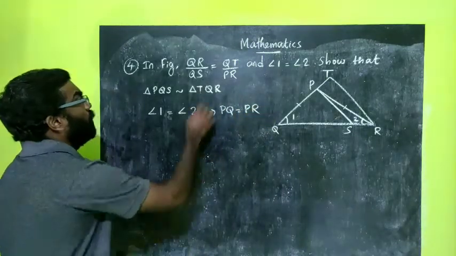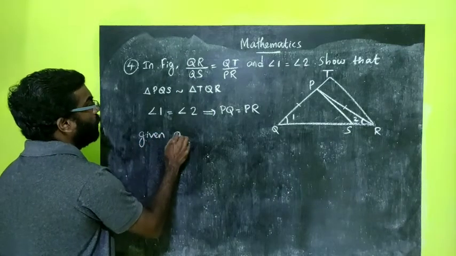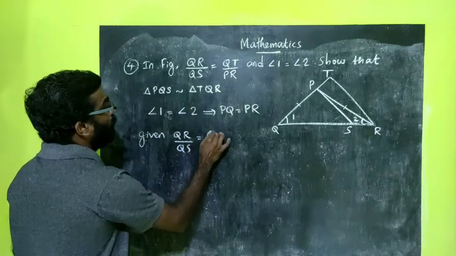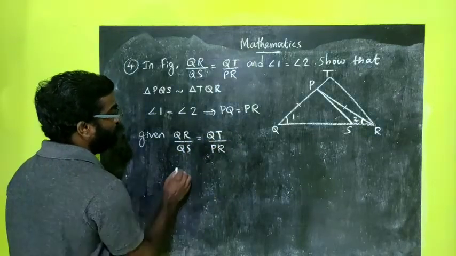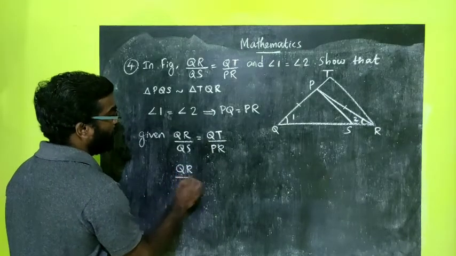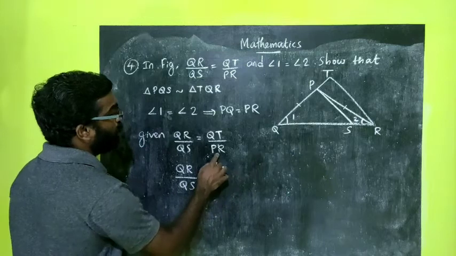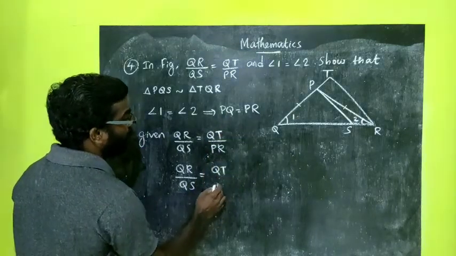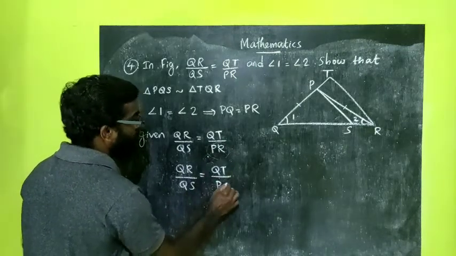Now we can write the given ratio. Given QR by QS is equal to QT by PR. That is, QR by QS is equal to QT by, this PR we can replace by PQ, since PQ equal to PR. So instead of PR, we can write PQ.